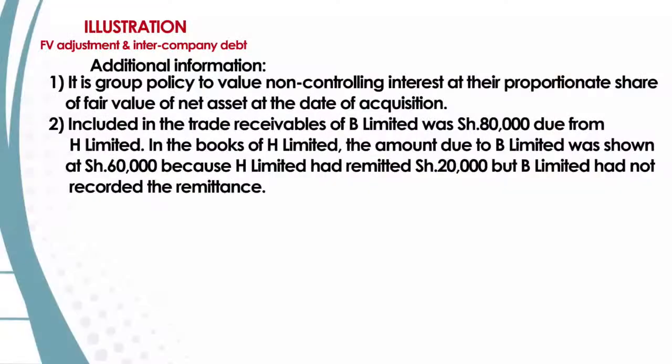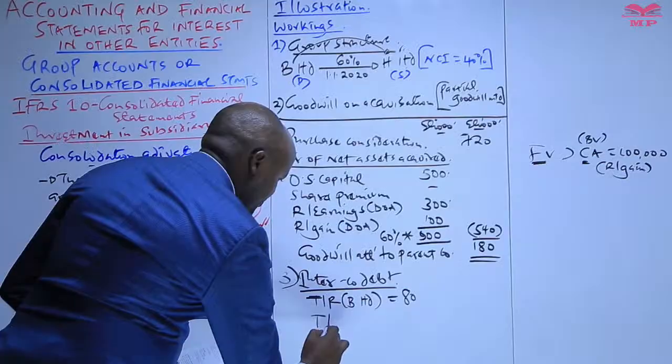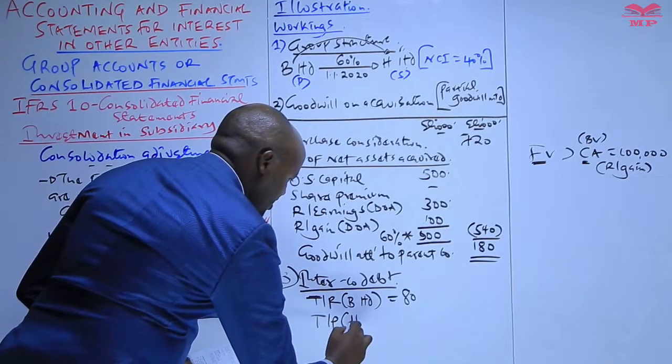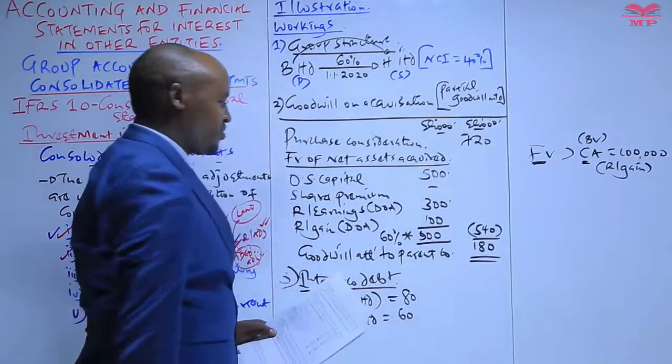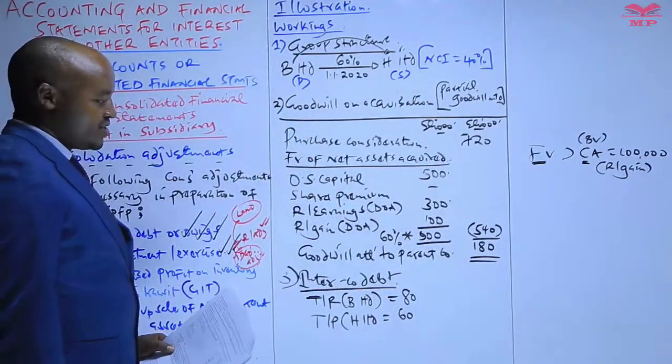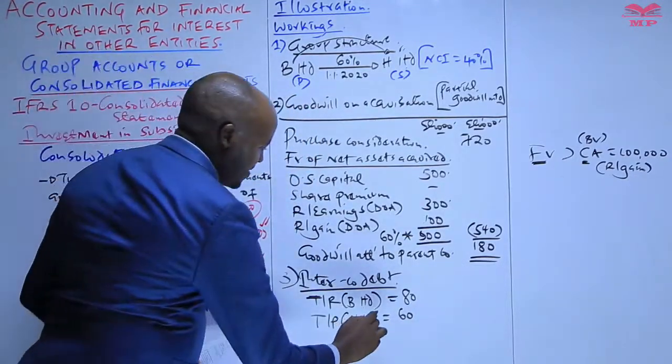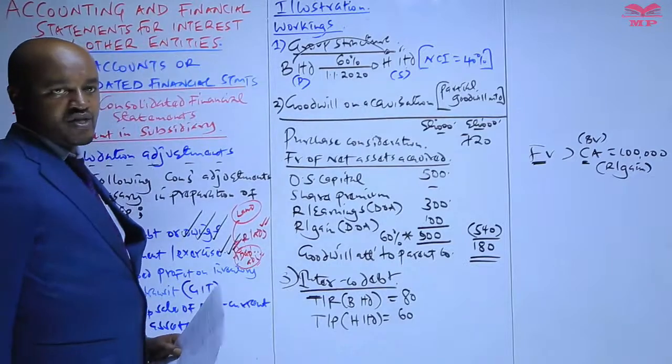We are told that in the books of H, which is now the subsidiary, the amount due to B, which is the parent, was shown as 60. So the amount included in the payables of H Limited in this case is 60,000. So automatically, you can see the amount of intercompany debt is not the same.